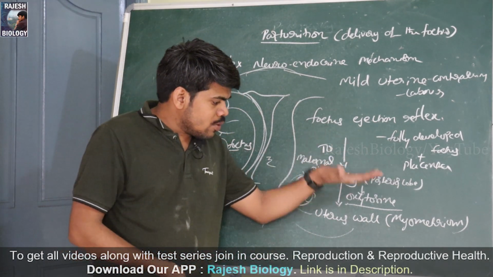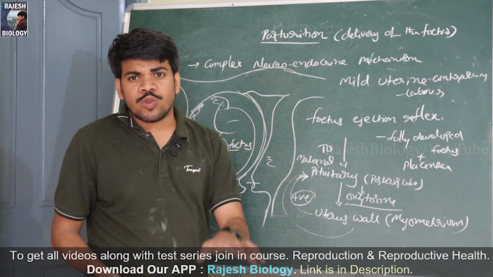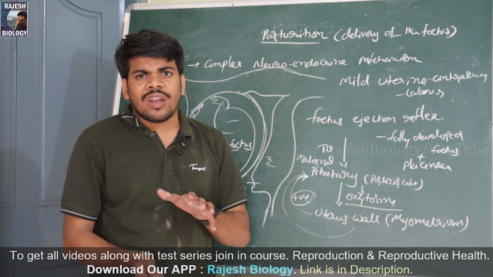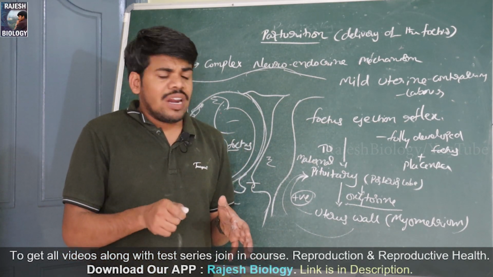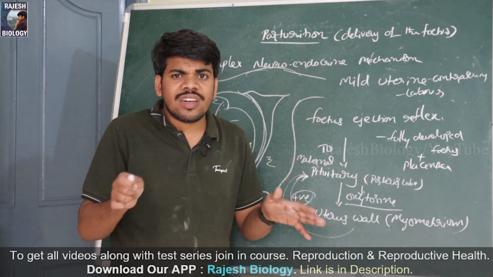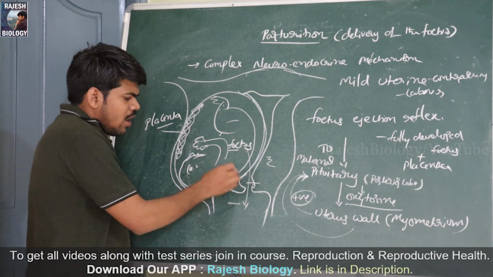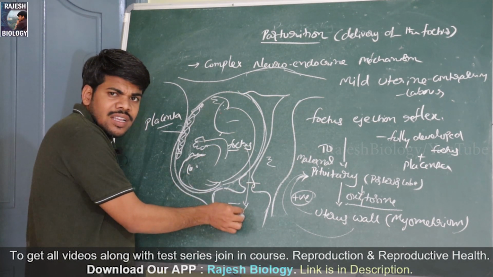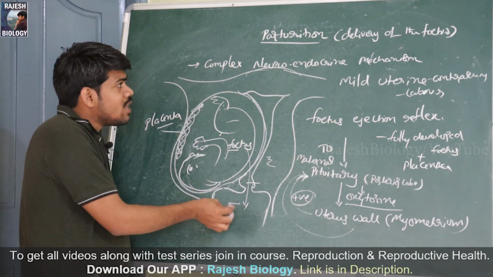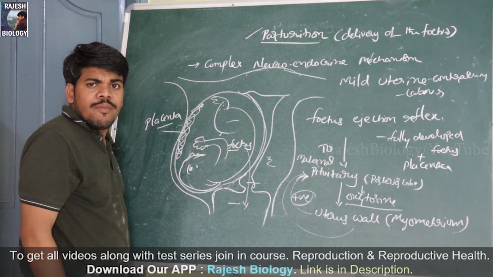So the uterine wall contracts even more strongly, trying to expel the baby out through the birth canal. This process of expulsion of the fetus and placenta is called parturition.